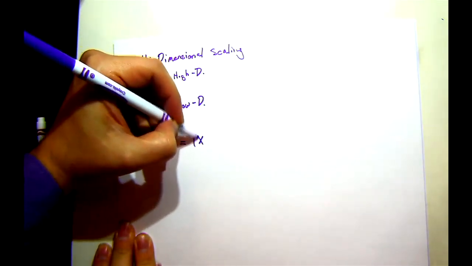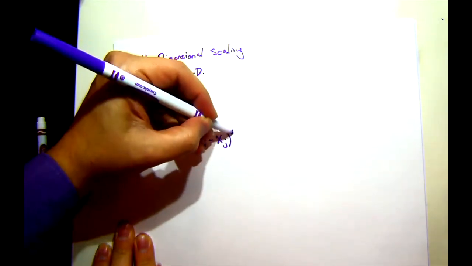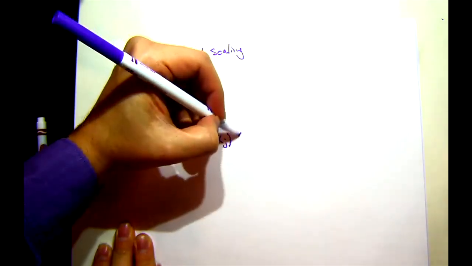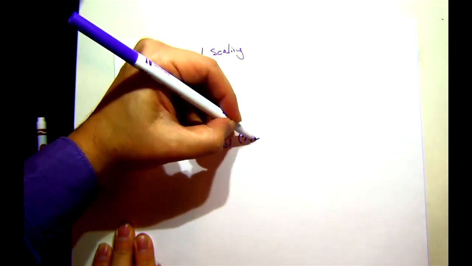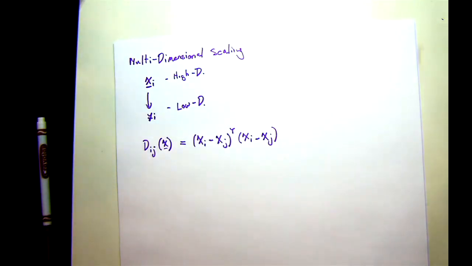This is going to be the difference between the 2 transposed times the same thing. That's just the distance formula. This is actually the square distance for what it's worth. I think the book puts a little 2 up in the corner to let you know that we're talking about the square distance. We don't really care that it's the square distance.